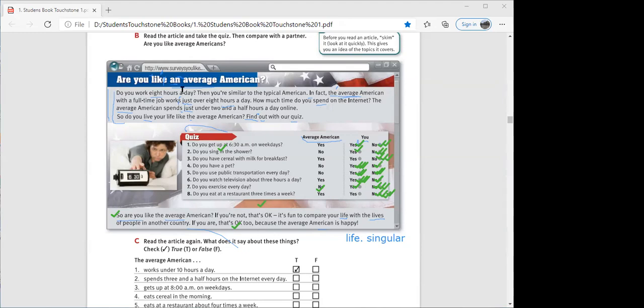How do you say this word? Alejandra, how did you say that word? Two. You said to, you see, you noticed. It's two. Yes. All right.